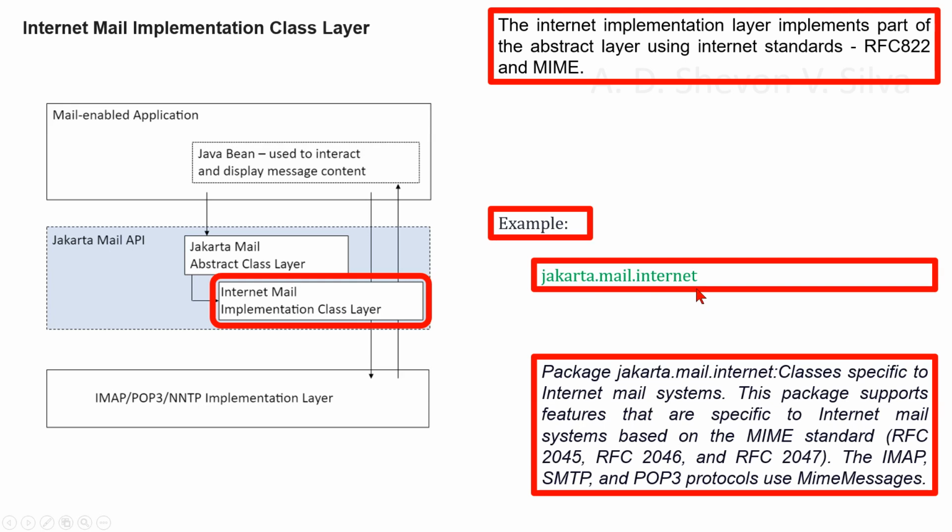This package supports features that are specific to internet mail systems based on the MIME standard RFC 2045, RFC 2046 and RFC 2047. The IMAP, SMTP and POP3 protocols use MIME messages.